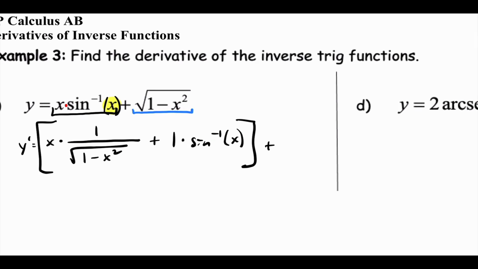Well, to find the derivative of the blue, I've got to use the chain rule. 1 minus x squared to the 1/2 power. Okay, so we move the power to the front, rewrite the stuff underneath the root, and take away a power.